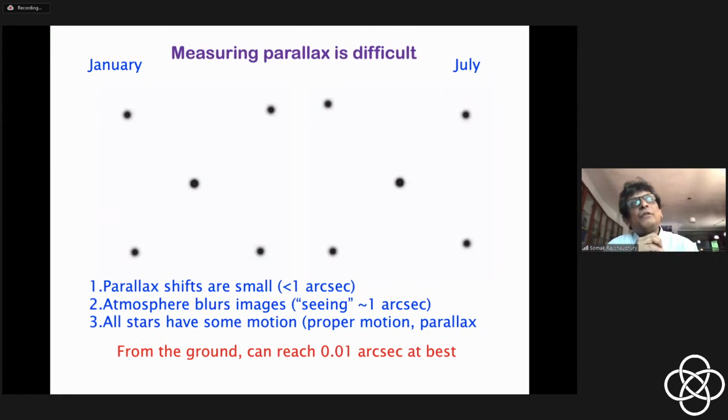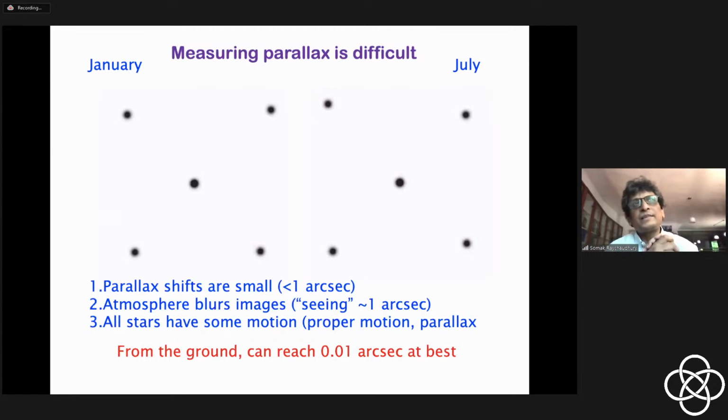Right now, for many decades, people have done this from the ground, and people can measure parallaxes to about 1/100th of a second of arc. Now, if you have 1/100th of a second of arc, that means you're going out to 100 parsecs. And within 100 parsecs, there are many thousands of stars.